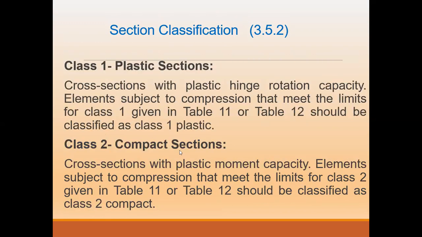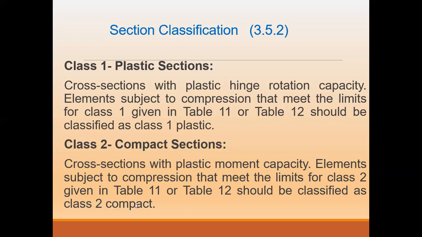The second class is called the compact section. In this case, we say these sections develop plastic moment capacity. Again, classification limits for this class can also be referred to either table 11 or table 12 of the code.